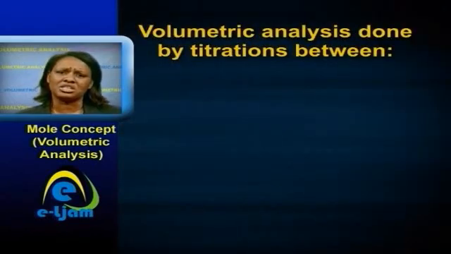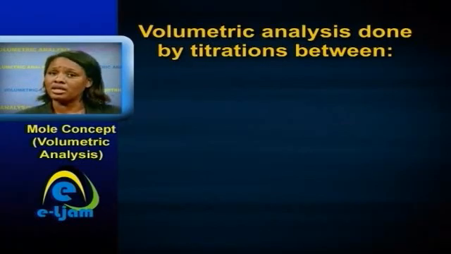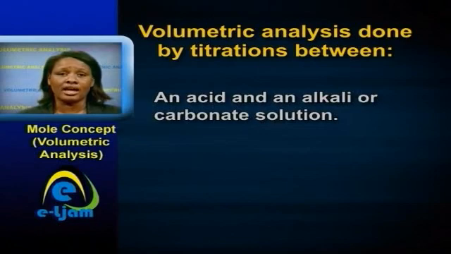Volumetric analysis is carried out by performing a series of titrations. Titrations can be between an acid and an alkali or carbonate solution. The endpoint is determined by the color change of an indicator, or in the case of a thermometric titration, using a thermometer by determining the volume that corresponds to the highest temperature of the reaction, usually determined graphically.